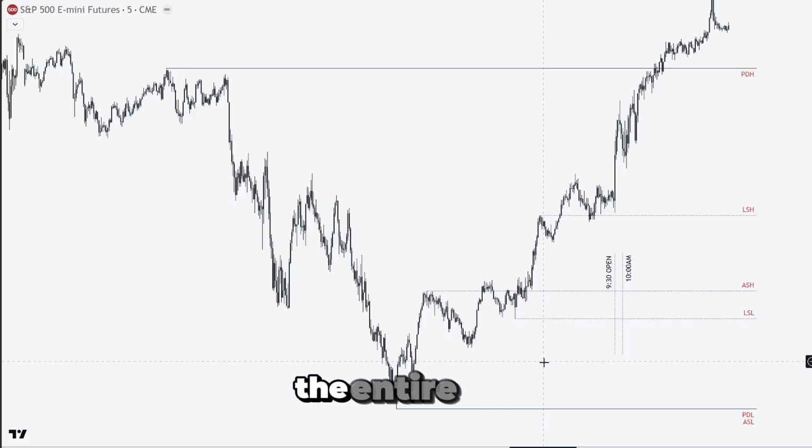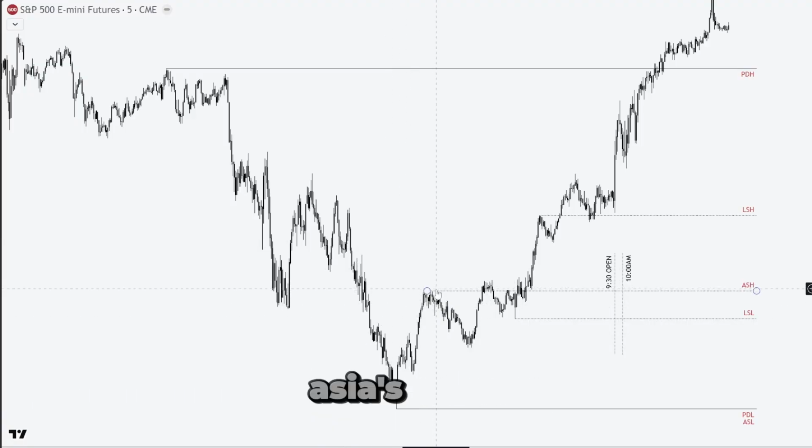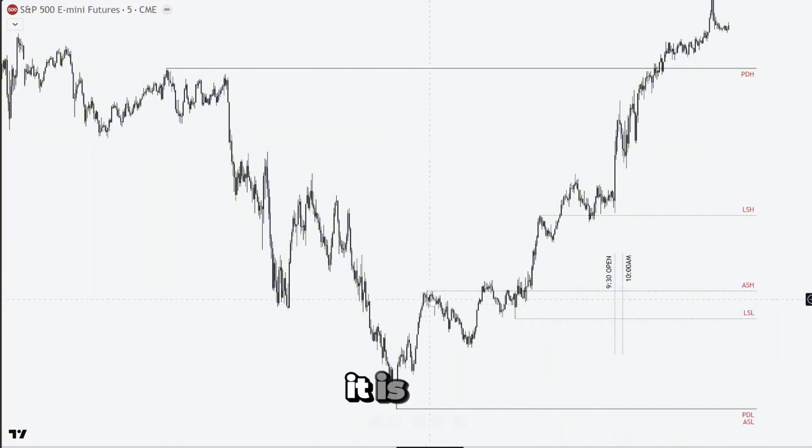If you look at the entire day from the 23 hours that the markets are active, the Asia range is an accumulation range. It usually just consolidates within the channel. If you look back at yesterday's Asia range from here to here, high to low, it is not in an accumulation channel.